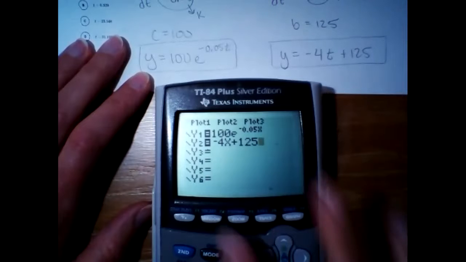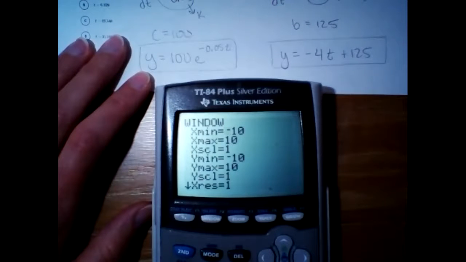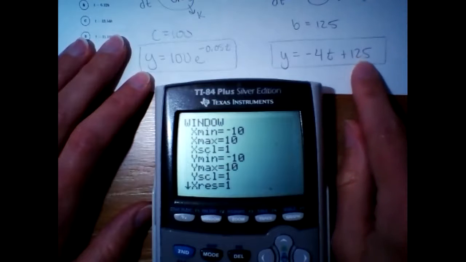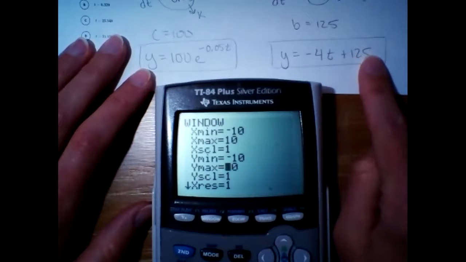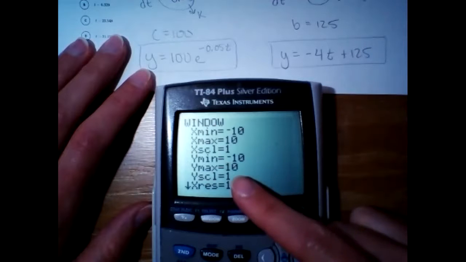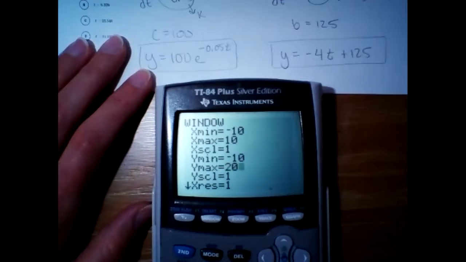Now, I have my window set to standard, -10 to 10. I know that this y maximum is going to need to be above 125. If this line went up 125, I know that y maximum is going to need to be bigger than 125. So I'm going to round up to the next 100 and just make that 200.